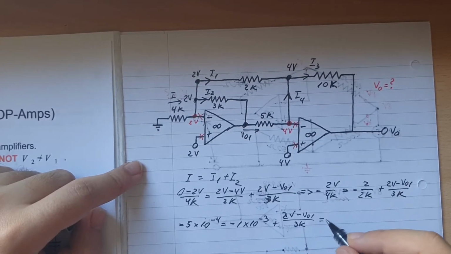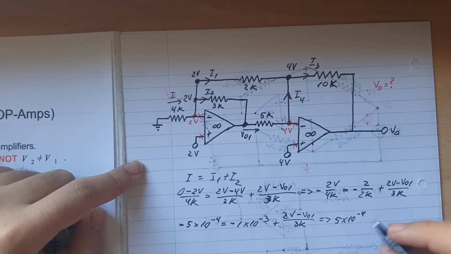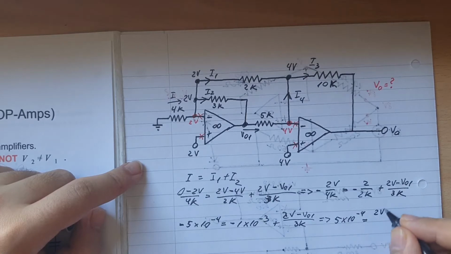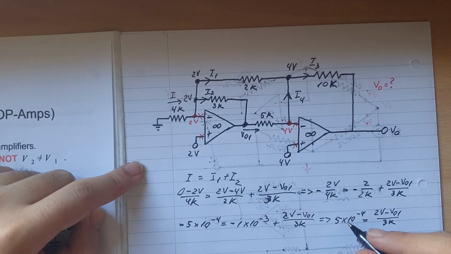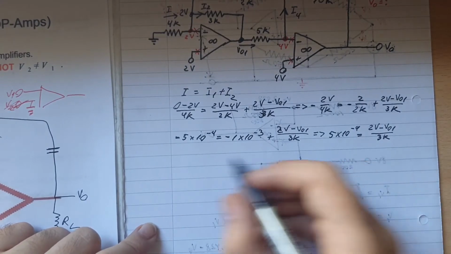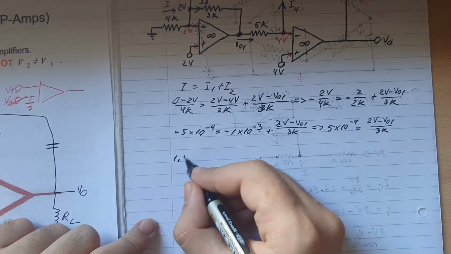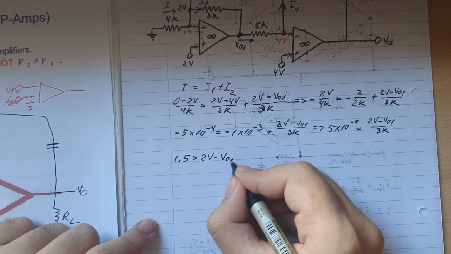Alright, so then we move it to the other side. This one becomes positive, so it'll be 5 times 10 to the minus 4. Instead of the minus, it's a plus, equal with 2V minus VO1 over 3k. So multiply the 3k by this value here, 5 times 10 to the minus 4. Then that will be 1.5 equal with 2V minus VO1.